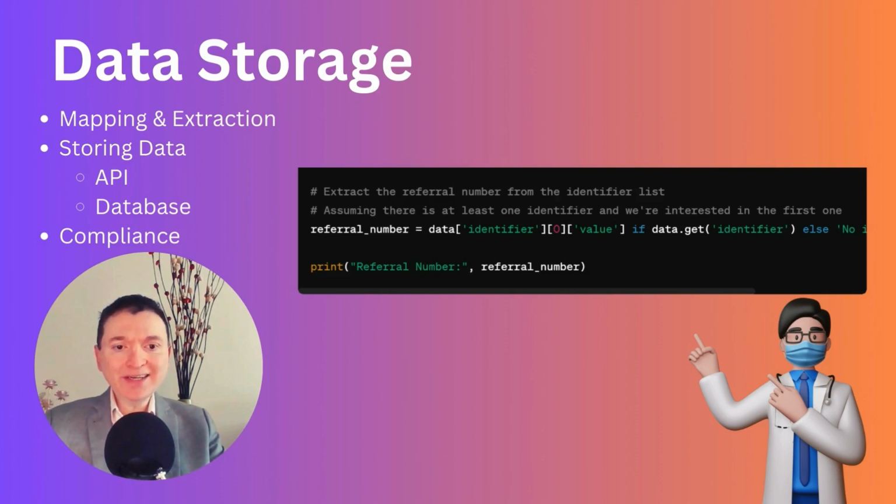There are different techniques to store this mapped data. Many healthcare systems provide APIs that allow for systematic access for incoming data into their systems. This method is efficient and minimizes errors as data flows directly from the source to the correct fields in an EMR.